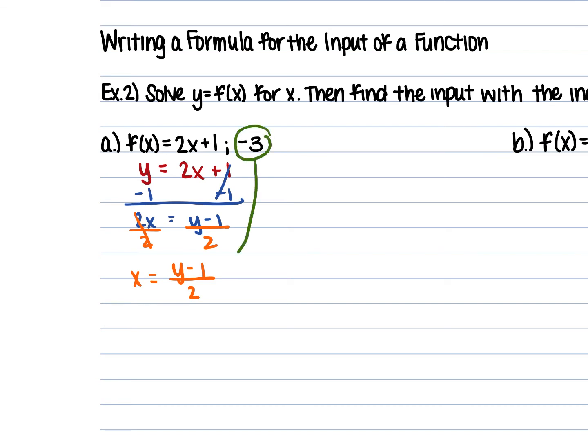This negative 3 is going in for y. So we're going to plug that in and simplify. So it's going to be (negative 3 minus 1) over 2. Negative 3 minus 1 gives us negative 4 over 2. And negative 4 over 2 gives us that x is negative 2.